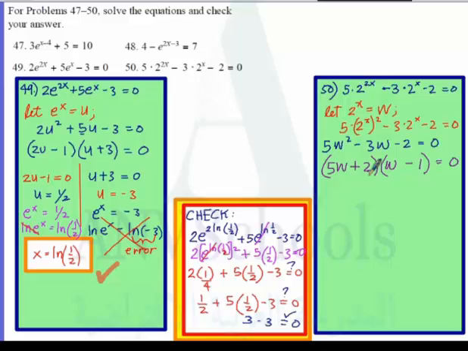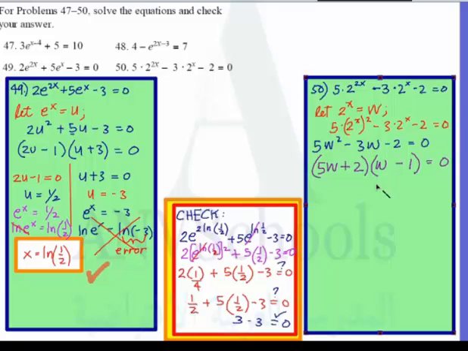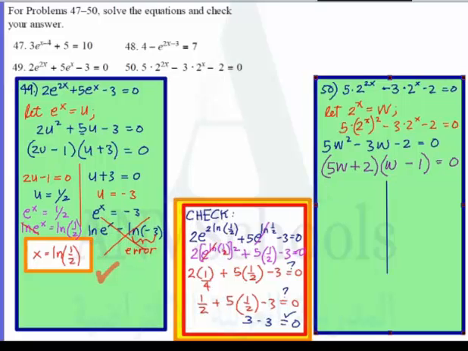So we are now precise in the equation. Okay. Now we take the individual factors and solve for w. So 5w plus 2 is equal to 0, and w minus 1 is equal to 0.